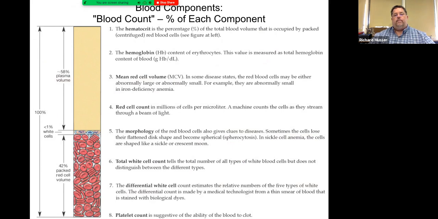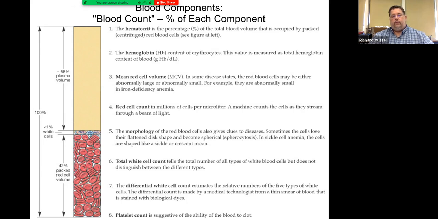And again, the hemoglobin is going to be found primarily in the red blood cells. And when that hemoglobin is finally broken down, it's what gives your urine its yellow color, or it's used as bile salts. But again, this is the hematocrit, and that is the percentage of the total blood volume that's packed in the centrifuge. And so these are, again, the relative amounts of each.